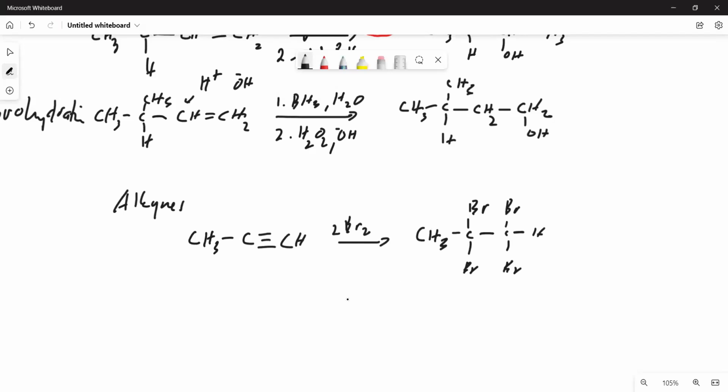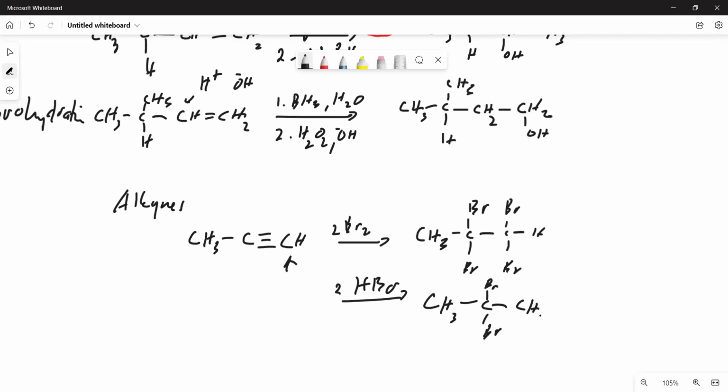Now, if you use HBr, okay, you need the excess of this, no? Excess or 2 moles of that. And this can follow Markovnikov's rule, no? Because you still have hydrogen here. So you will end up with CH3 here. And then all the Br will be here, no? Because of Markovnikov's rule.